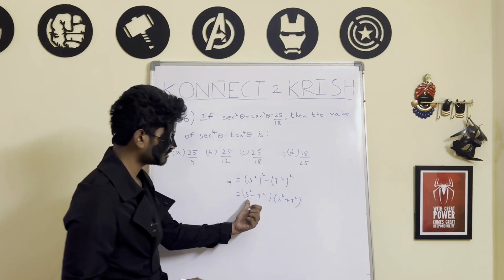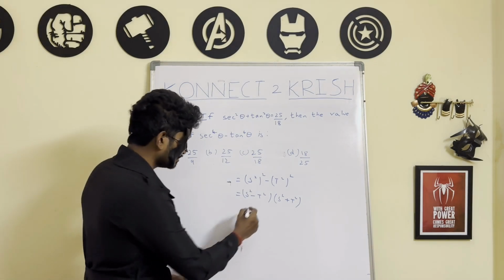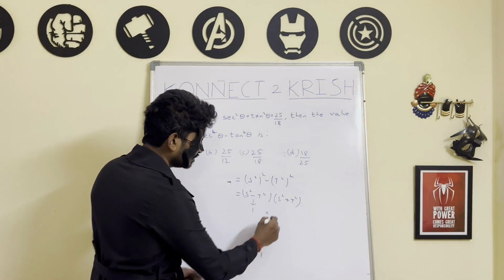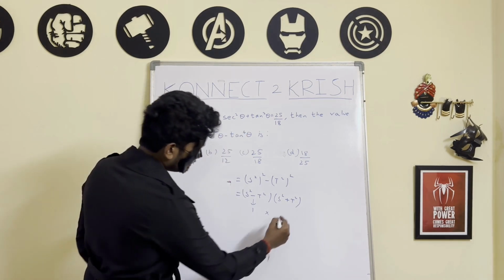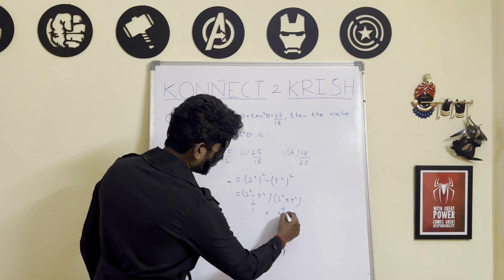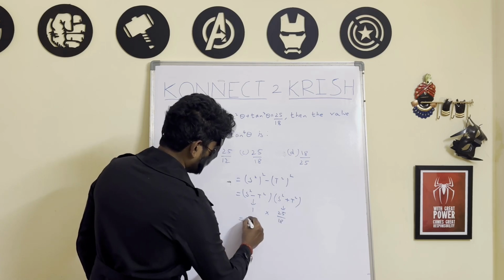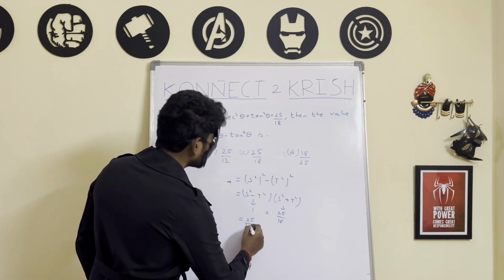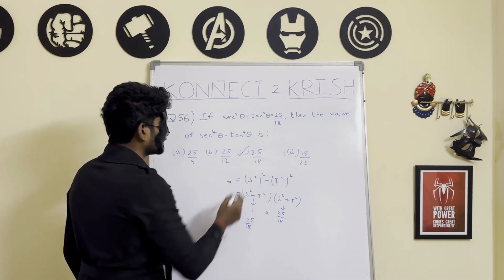We already know that secant square theta minus tan square theta is nothing but 1. So this will be 1 into secant square theta plus tan square theta, which is given as 25 by 18. So the answer will be 25 by 18. So option C is right.